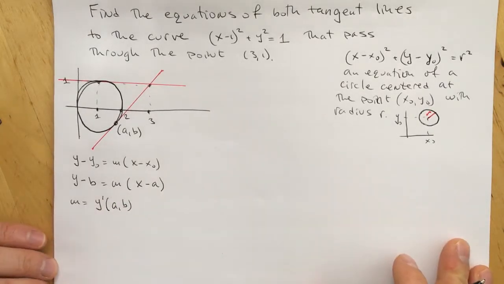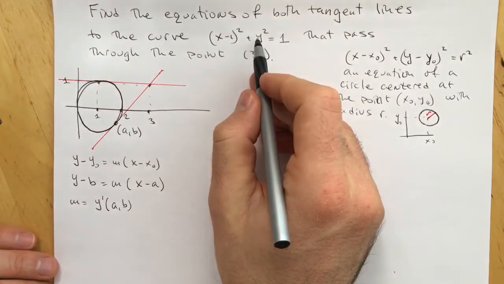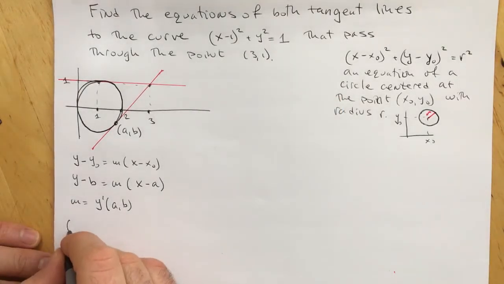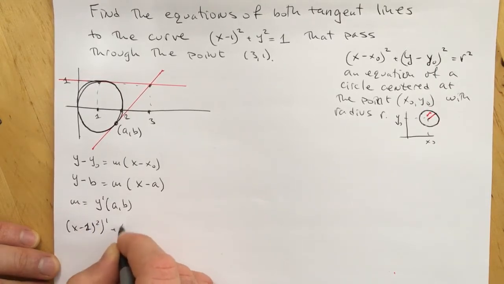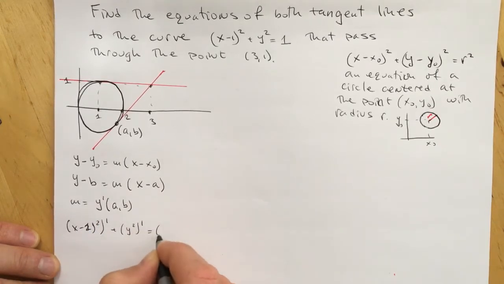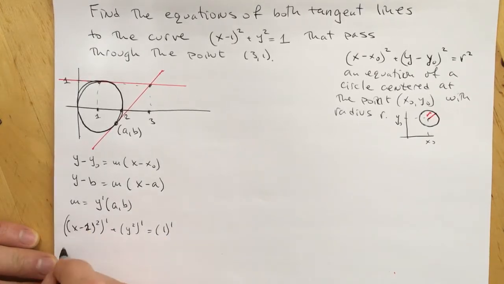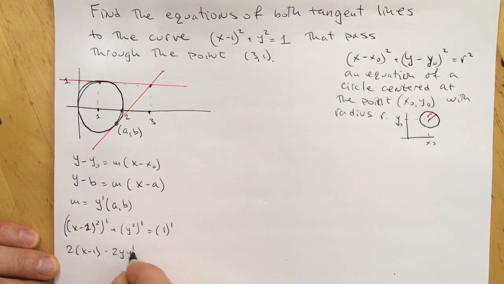Okay, so let's find the first derivative. In order to find it, I have to use implicit differentiation. So ((x − 1)²)′ + (y²)′ = (1)′. That's 2(x − 1) + 2y·y′ = 0, since the derivative of 1 is 0.